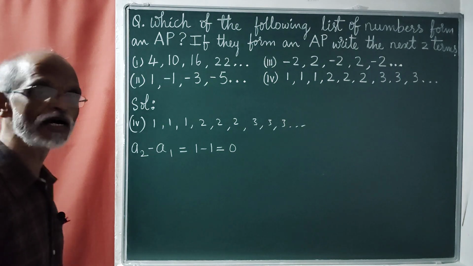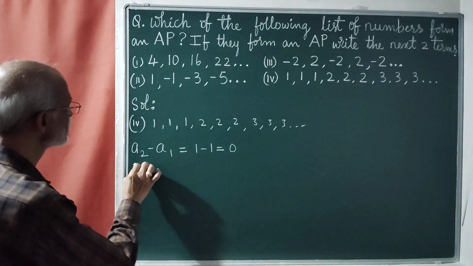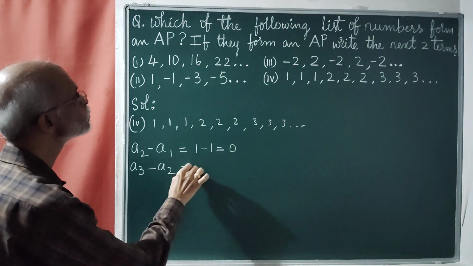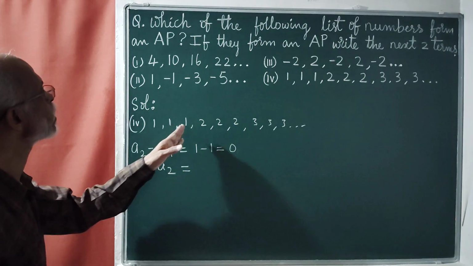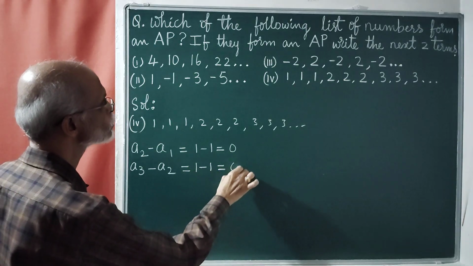Then A3 minus A2. A3 is what? 1 again. 1 minus 1 is equal to 0.